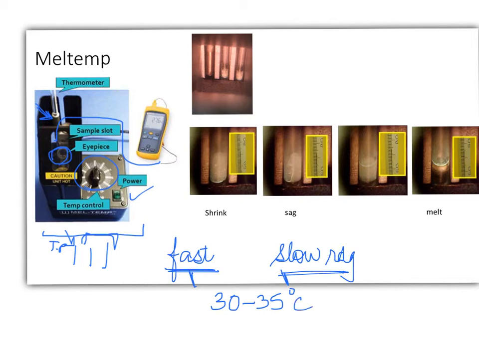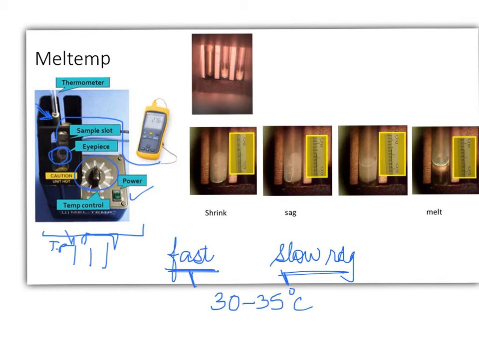And the reason for that is, let's say you're doing a fast reading. Fast just means that you are providing the heat to that heating block at an increased rate. So the rate of the increase in that temperature is pretty high. This is going to cause uneven heating of the block, and it is going to give you a broad range.